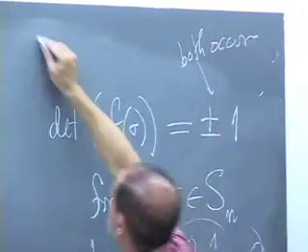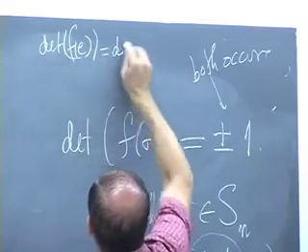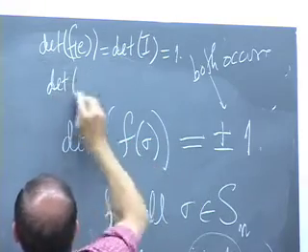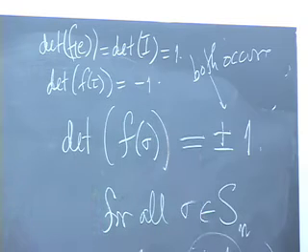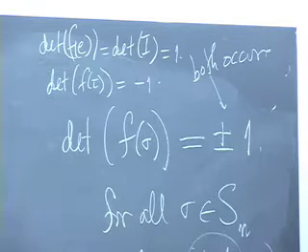Because, for example, the determinant of f of e is the determinant of the identity matrix, which is 1. But the determinant we've just seen of f of tau is equal to minus 1. So permutation matrices have both determinants, plus 1 and minus 1, which gives us another homomorphism. Namely, if we take this homomorphism and we compose it with this homomorphism, and we're allowed to do that, right? The composition of two homomorphisms is a third.